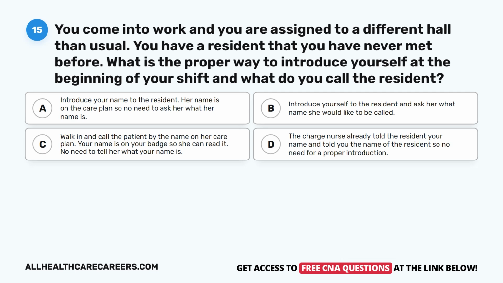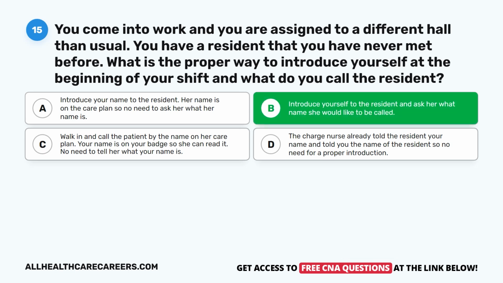C. Walk in and call the patient by the name on her care plan. Your name is on your badge so she can read it. No need to tell her what your name is. D. The charge nurse already told the resident your name and told you the name of the resident, so no need for a proper introduction.